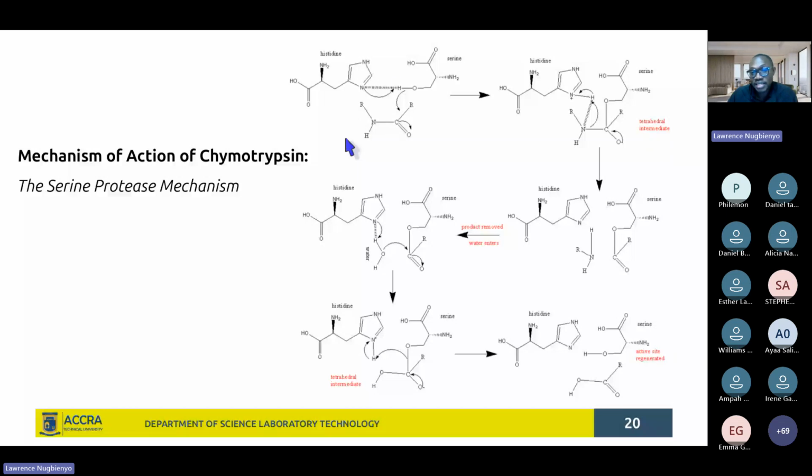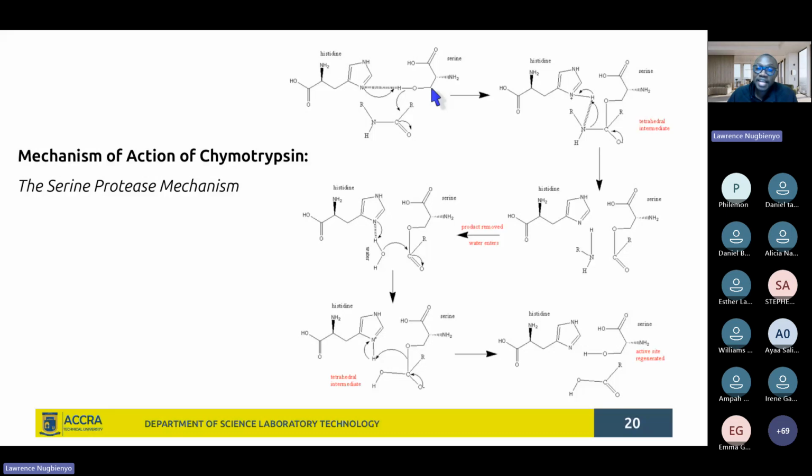And what it means is that in the active center, you have the amino acid serine, which is acting as a proton donor. It donates a proton onto another amino acid. In this case, it's donating to histidine. So histidine and serine are the amino acids that are in the active center of the enzyme.